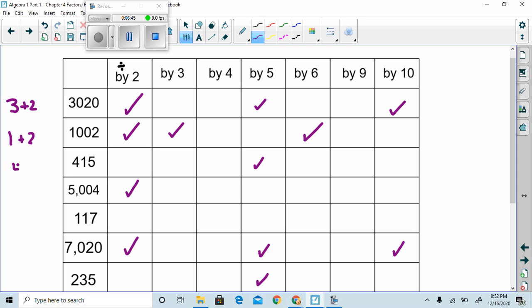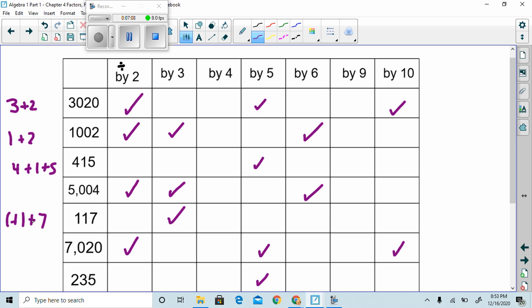4 plus 1 plus 5. That will give me 10, not divisible by 3. 5 plus 4 is 9. That's a yes. It's divisible by 2, divisible by 3, also divisible by 6. 1 plus 1 is 2. 2 plus 7 is 9. Divisible by 3.